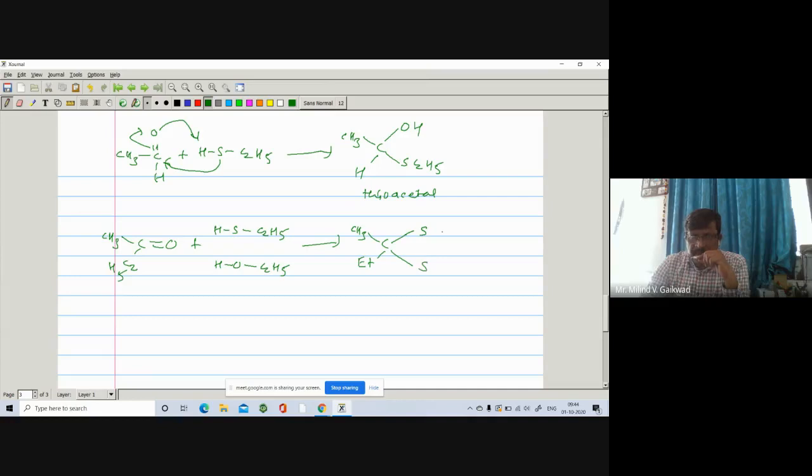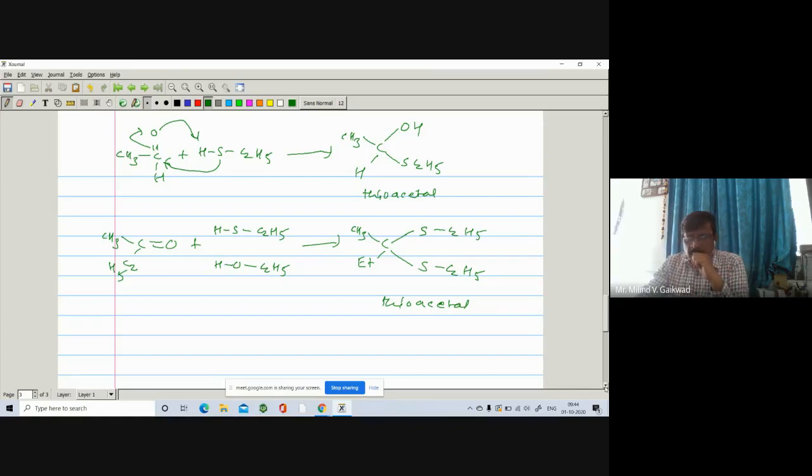Sulfur and sulfur. Here is C2H5 and C2H5. So thioacetal formation takes place. In this way, we have seen some examples.